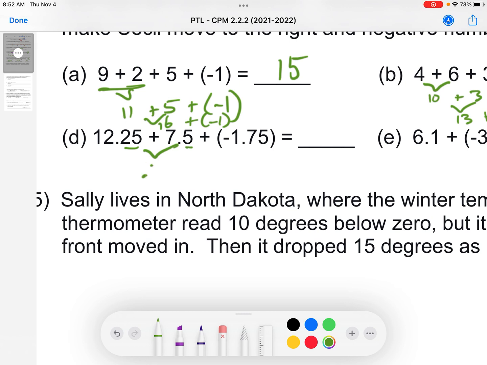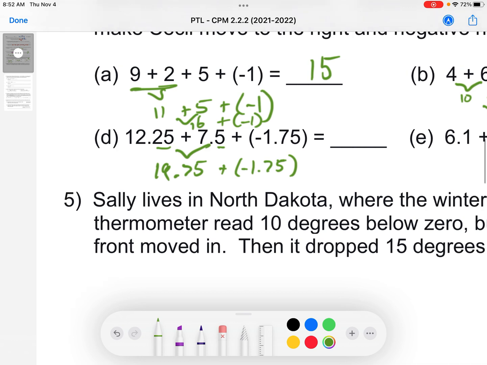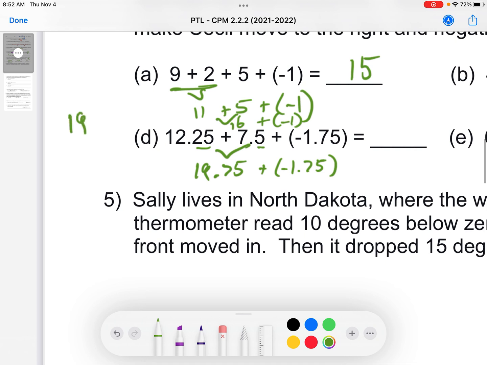Sorry, that's going to be 0.75, right? The 12 and the 7 makes it 19. 19.75 plus a -1.75, right? Now, that's like subtracting 1.75. We can do that on the side if we need to. And we notice the 75 hundredths disappear, so we end up at 18.